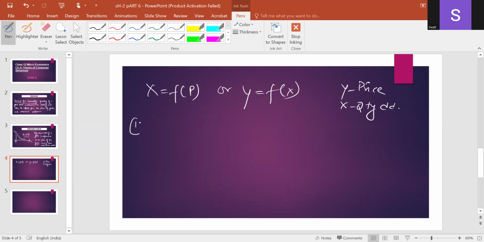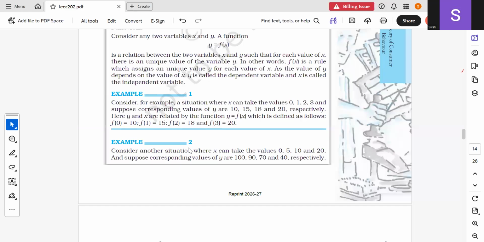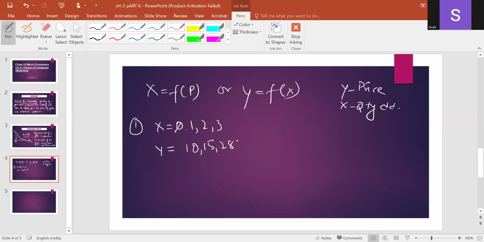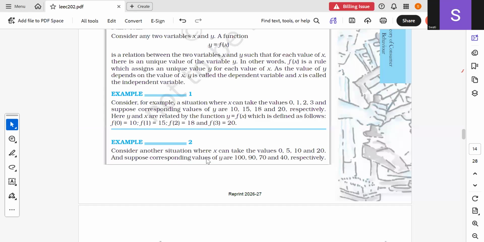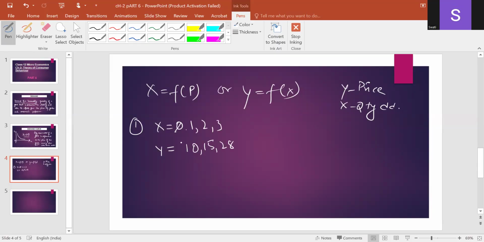Now let's take an example where x is 1, 2, and 3, and the corresponding values of y are provided, right? So let's say 10, 15, 28, right? Now let's try to put these values in a graph.